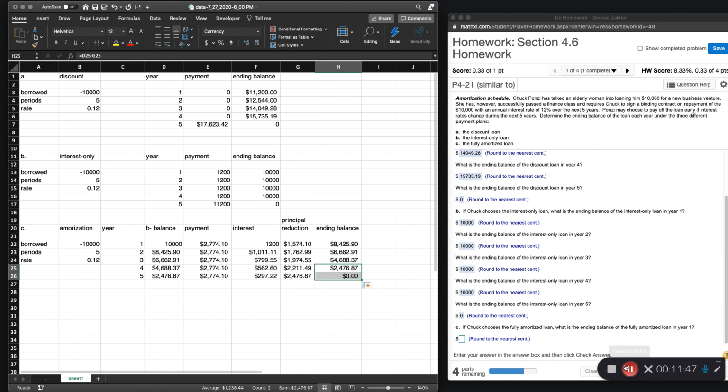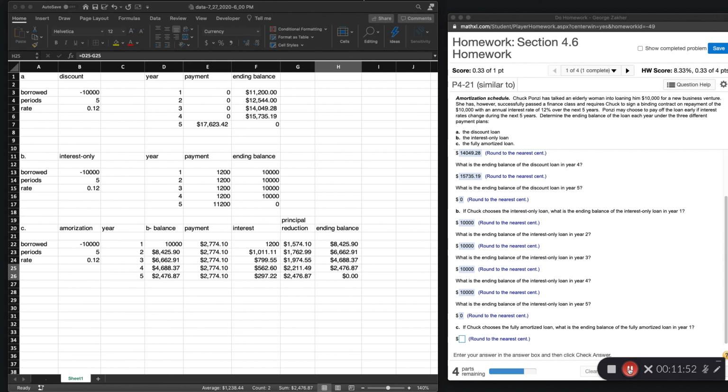Let's punch in our numbers to confirm. The final question, of course, is the ending balance of the amortized loan in year 5, and ideally it should be 0.